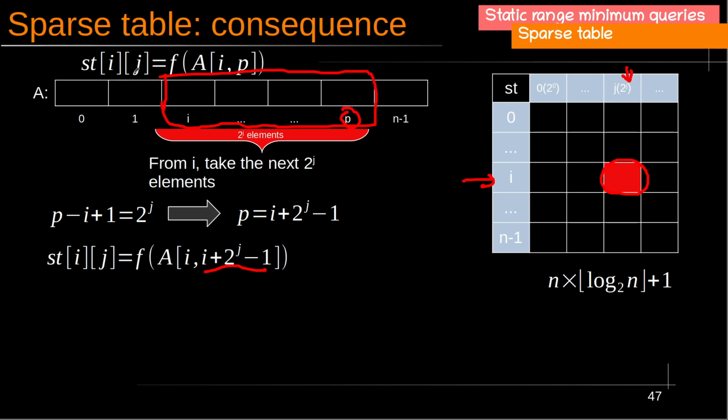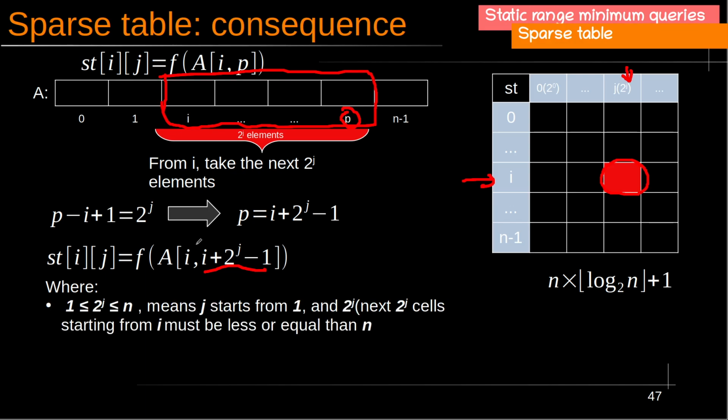This is the idea behind the sparse table, where we have to be careful that 2 power j, the number of elements, must be at least 1 element and at most n elements, the total number of elements in the array.